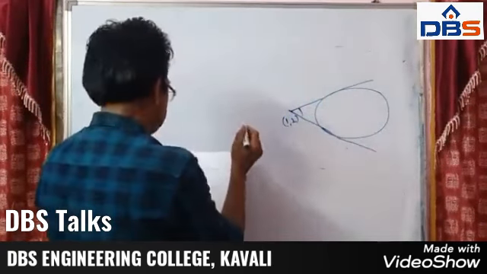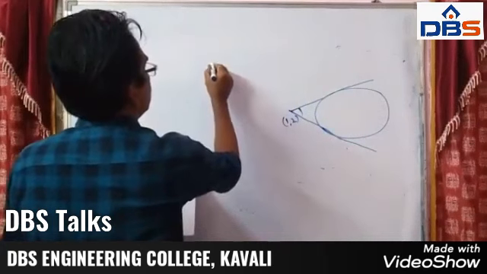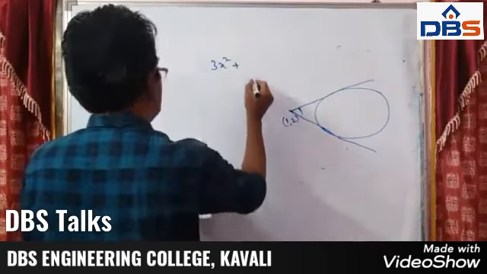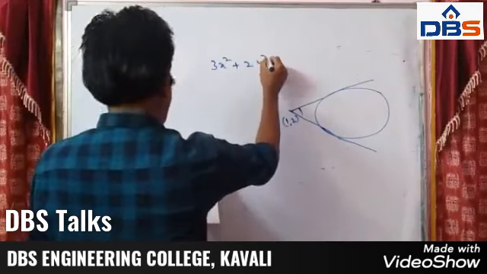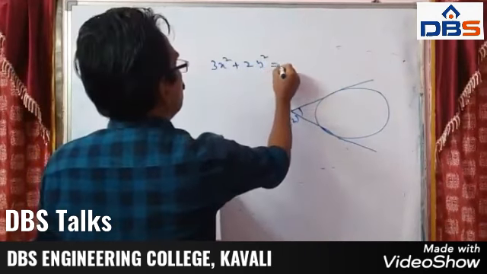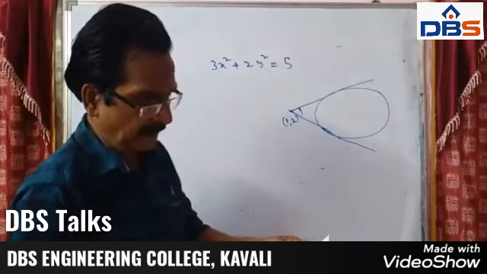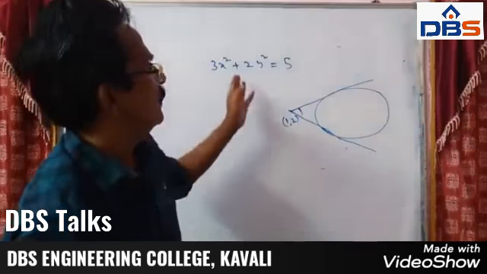See, the equation of the ellipse is 3x square plus 2y square is equal to 5.